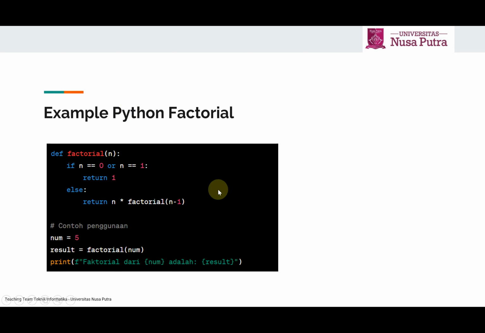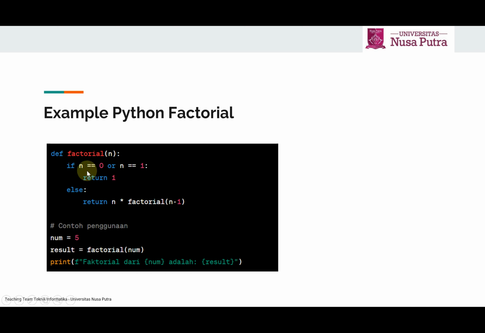So this is an example for the Python factorial. We have the function factorial, and the argument n, and we have the logic here, the condition: if n equals 0 or n equals 1, we return 1. Why? Because if we have factorial 0, it will be 1, and factorial 1 will be 1.